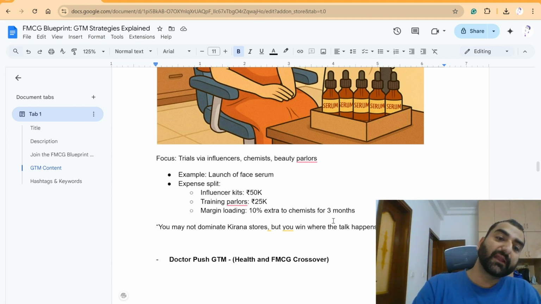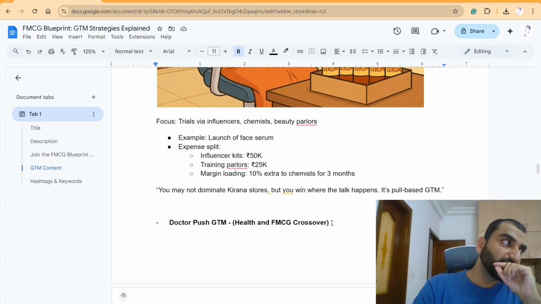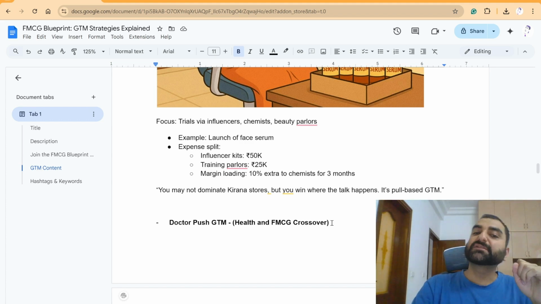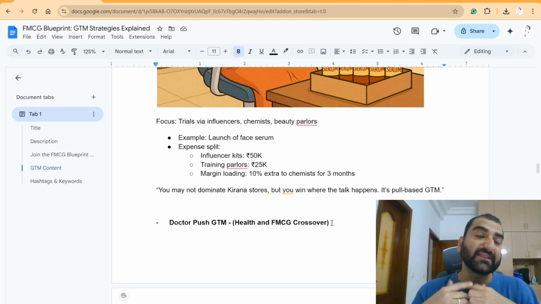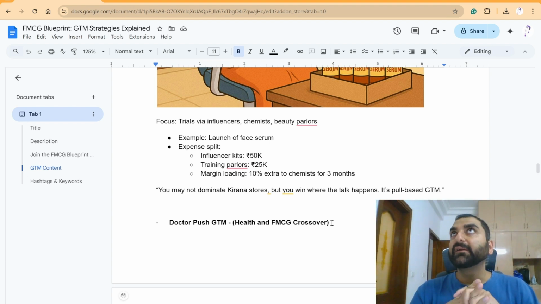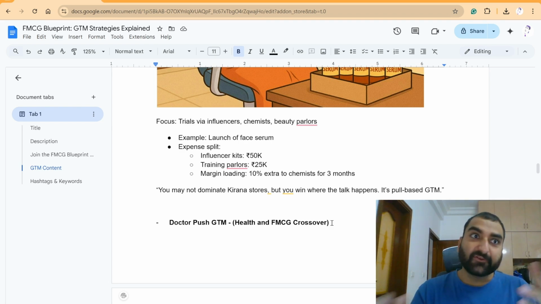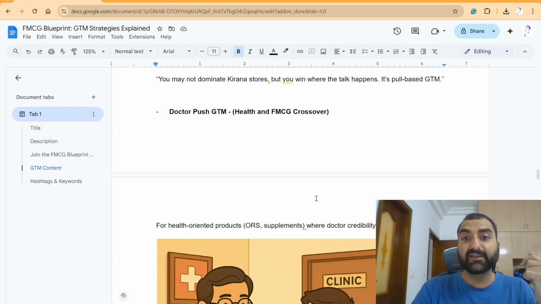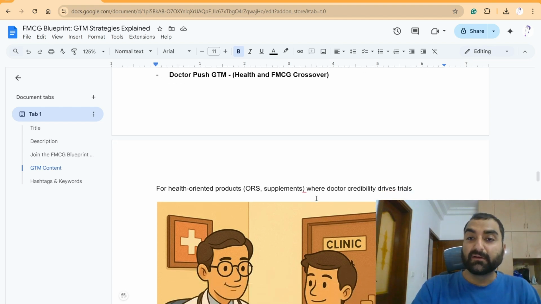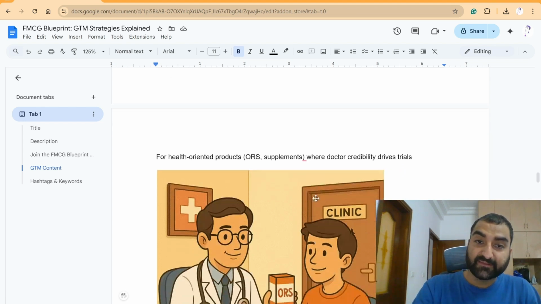The third, and I would say a very niche distribution model, is the doctor push GTM model, right? It is a crossover of basically health and FMCG. A prime example of this is supplements, ORS products, and health-oriented products, where doctor credibility drives trials, correct?